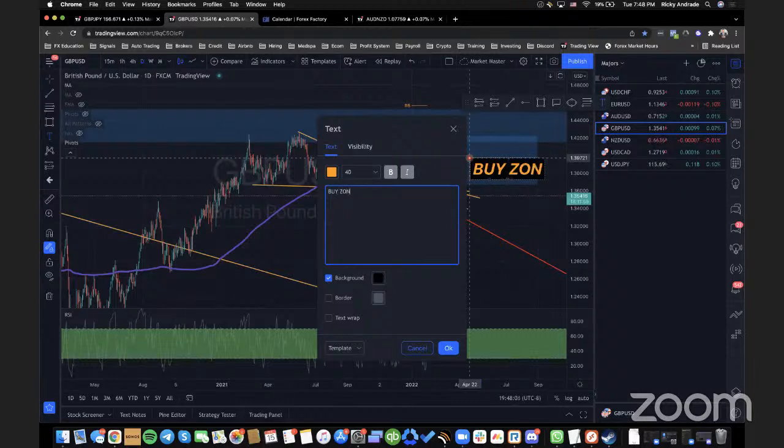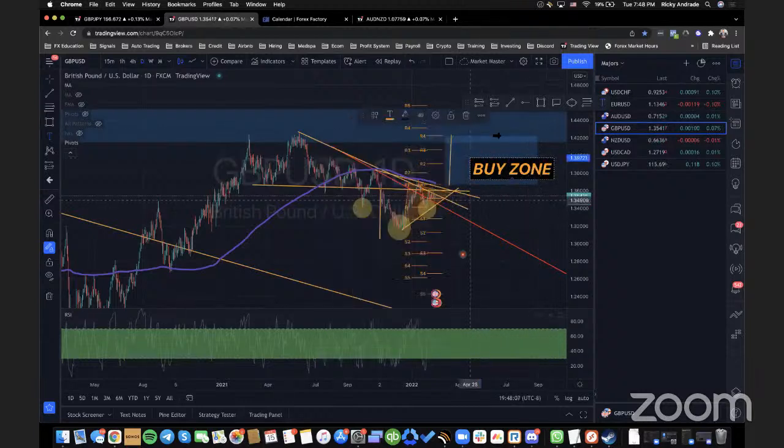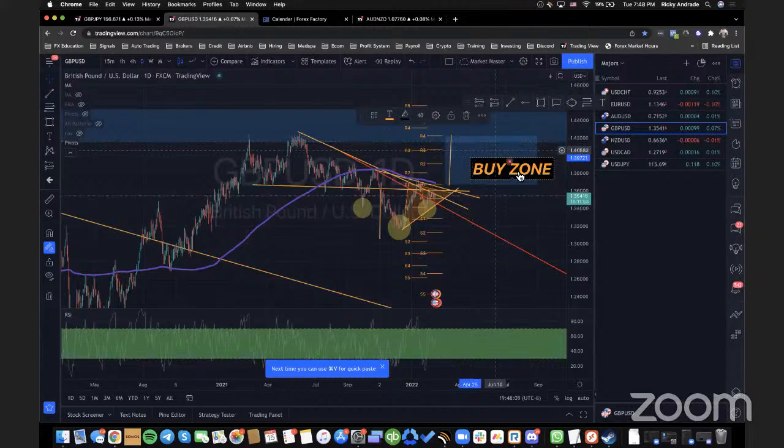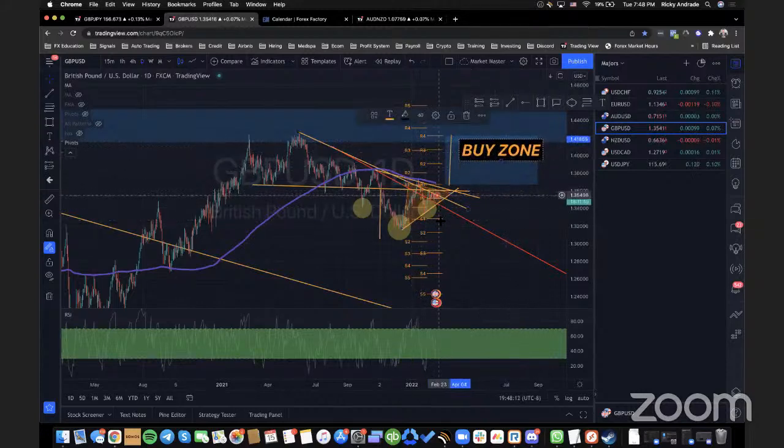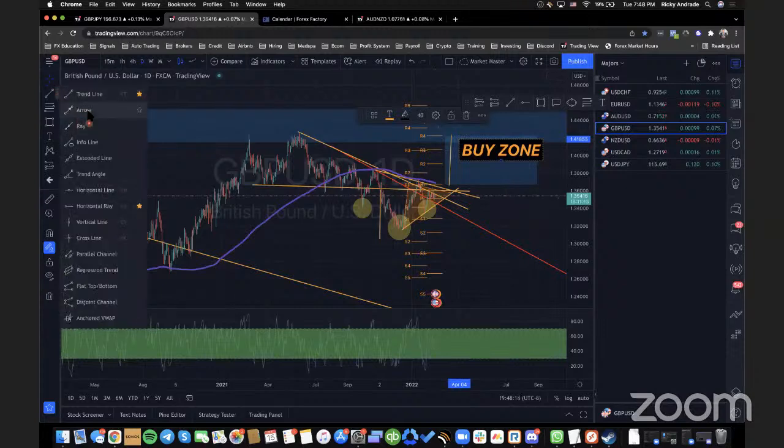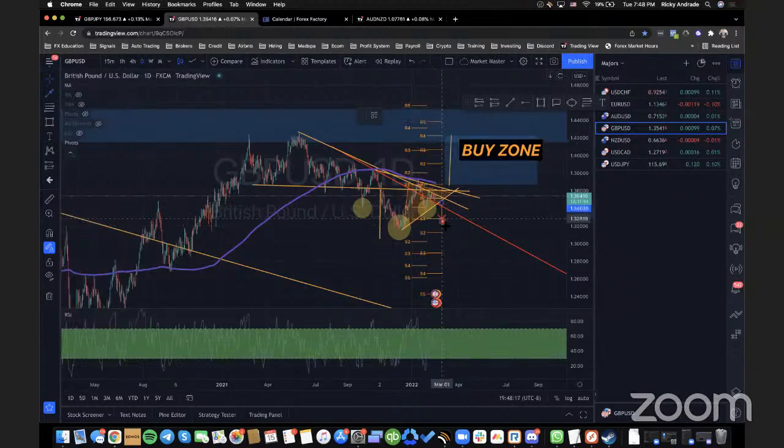So on the smaller time frames, I'm looking for buy entries here. And now if it rejects off this resistance and then shoots down, then this would be like my sell zone, at least to this previous low here.